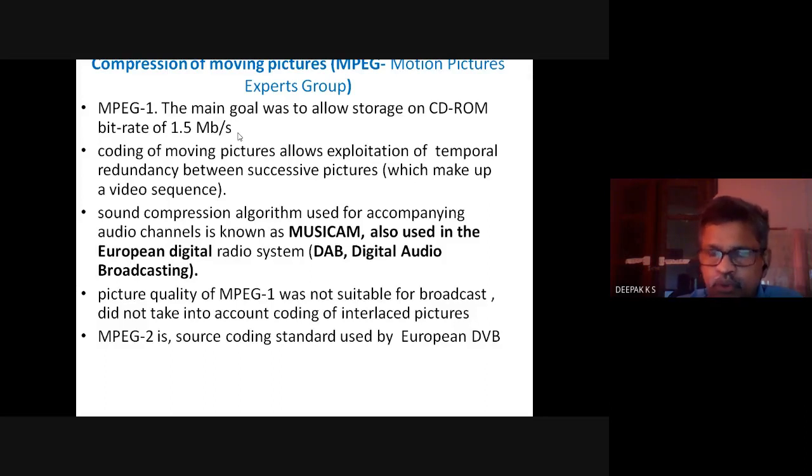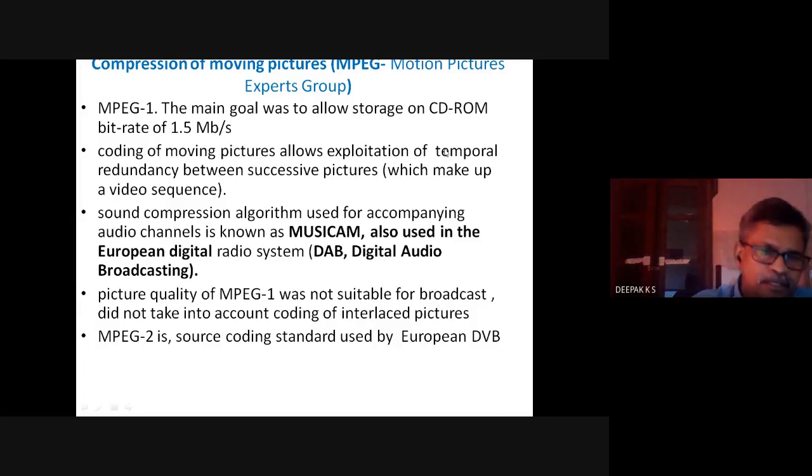So you show those static images one after another at a rate faster than the persistence of vision, and then we get moving pictures, and 50 pictures are shown in 1 second.